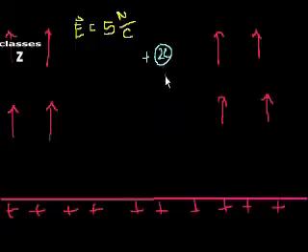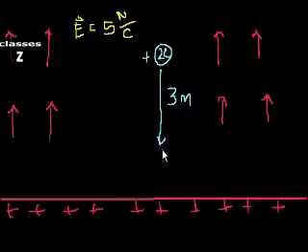How much work does it take to move that 2 coulomb charge, I don't know, 3 meters within this field? So we're going to start here and we're going to move it down towards the plate 3 meters, and its ending position is going to be right here.